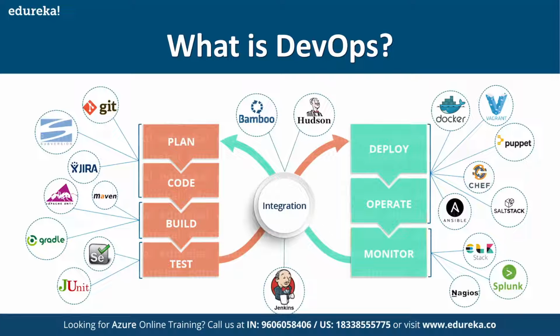We have plan, code, build, test, and then deploy, operate, monitor. The tools are Docker, Vagrant, Puppet, Chef. All of these tools are there.